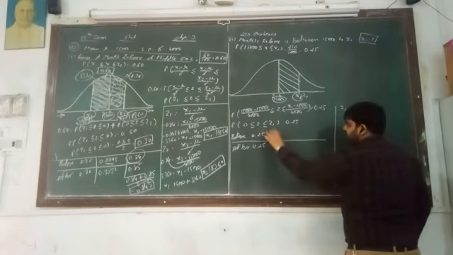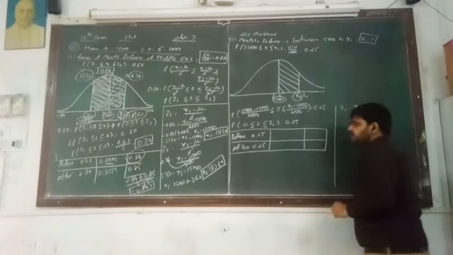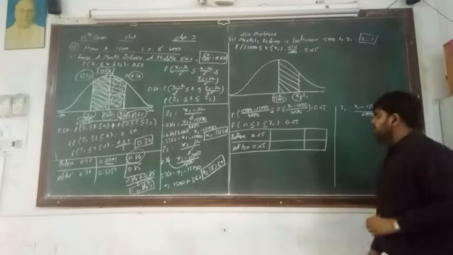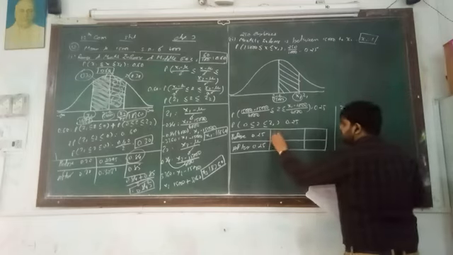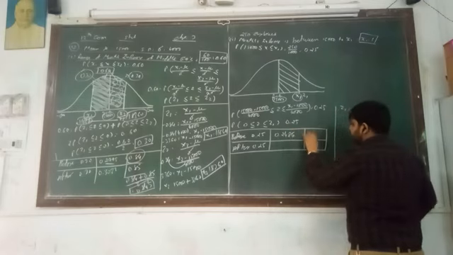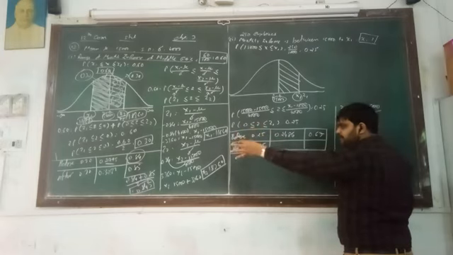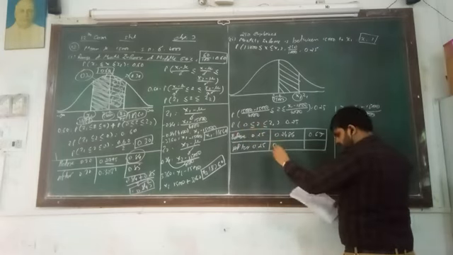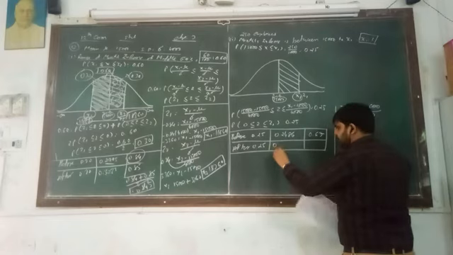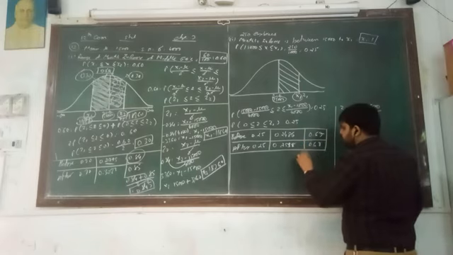Before 0.25, that is 0.2486, and it is 0.67, as we already discussed how we can find out. And after, 0.2518, that is 0.68.